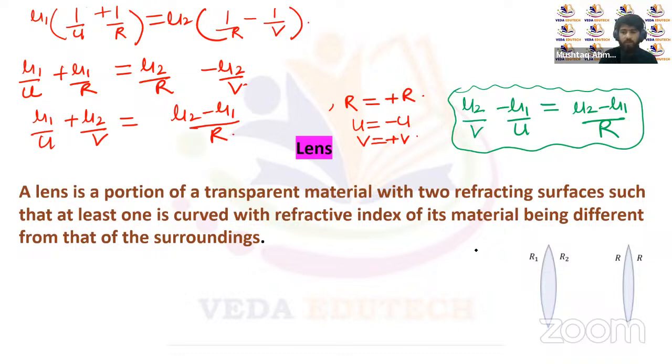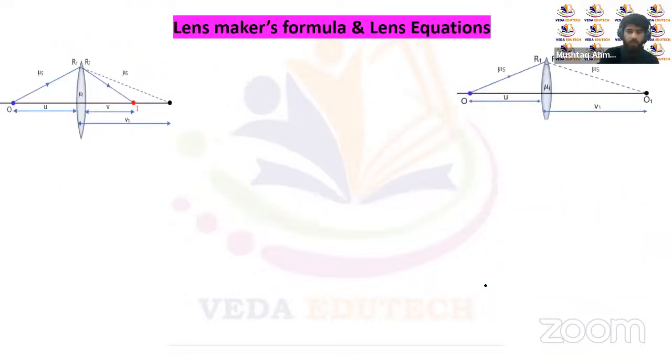It has two radii of curvature, R1 and R2. Then we have the equiconvex lens, for which both radii of curvature are the same, R and R. Now we'll be deriving the same formula.